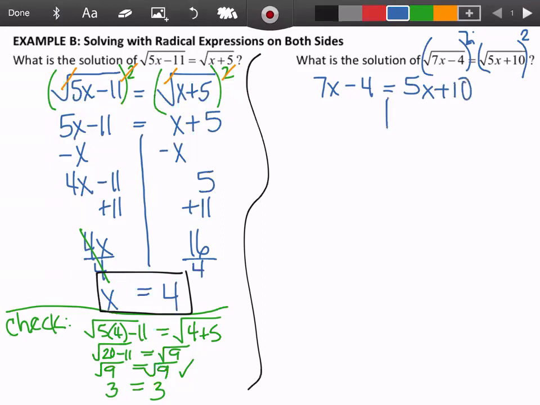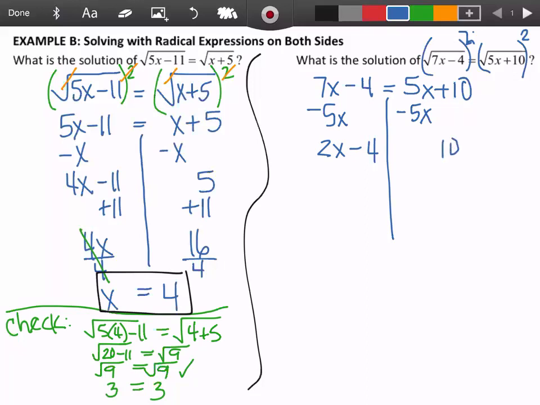Again, we're just balancing an equation and trying to solve for x. So we need to get all the x's on the same side. To do that, we are going to subtract the 5x. That leaves us with 7x minus 5x, which is 2x minus 4 is equal to 10 on the right side.